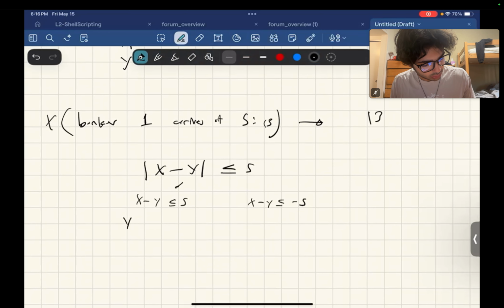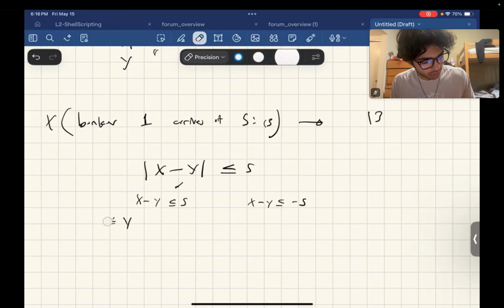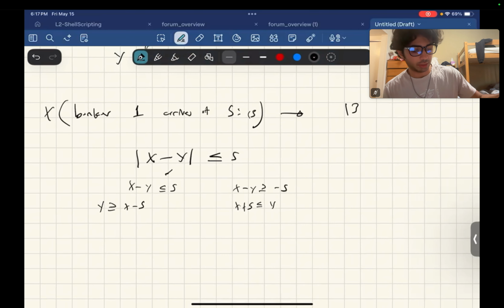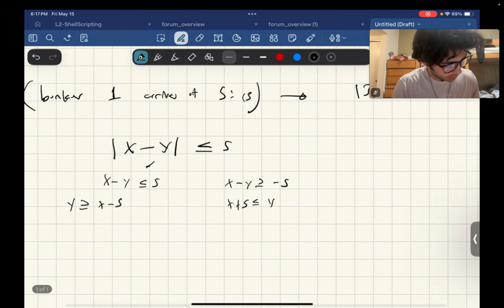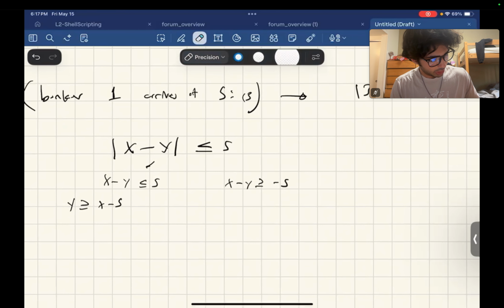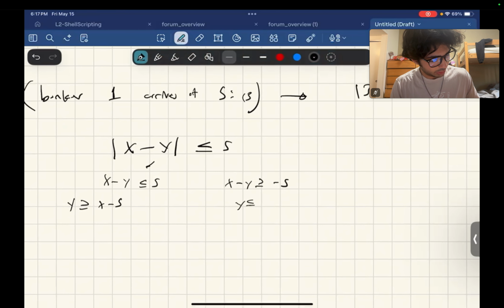So y is greater than or equal to x minus 5, and the other one, y is less than or equal to x plus 5.